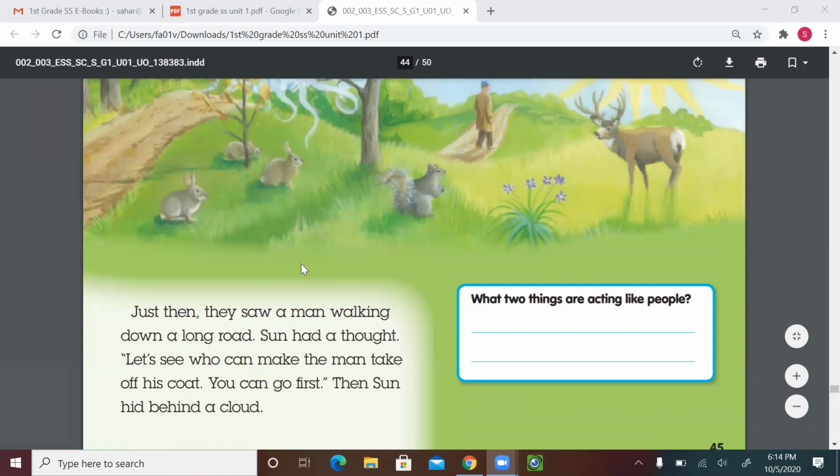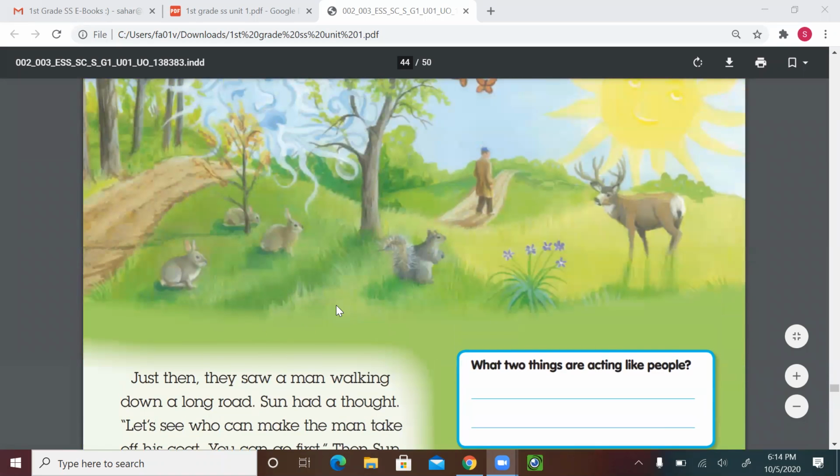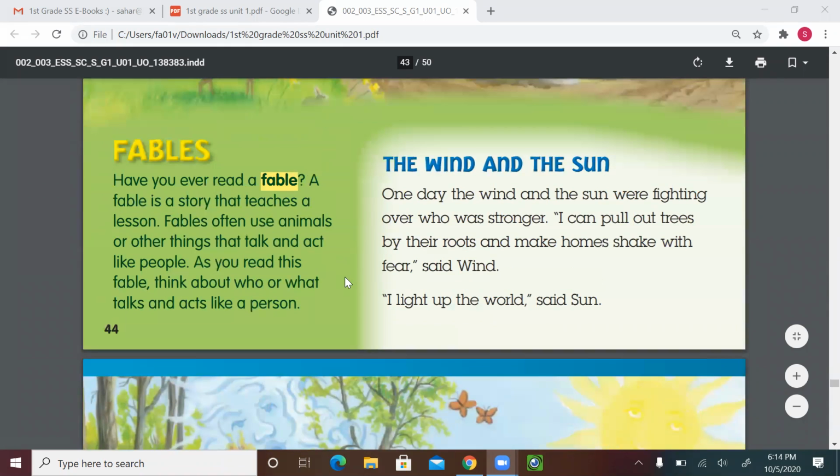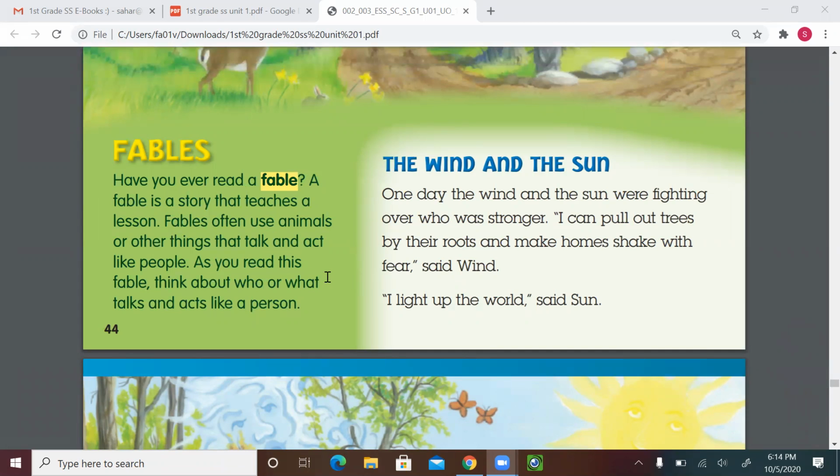Let's ask a few questions about fable. So what's a fable again? It's a story that teaches us a lesson. Very good. And why do you think the sun and the wind were fighting?